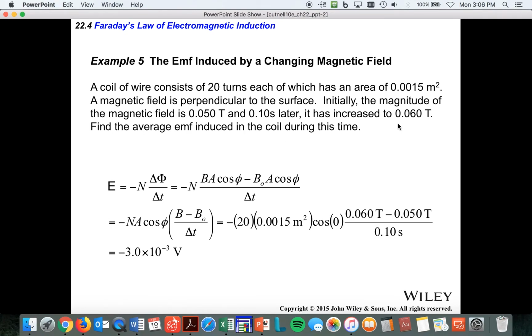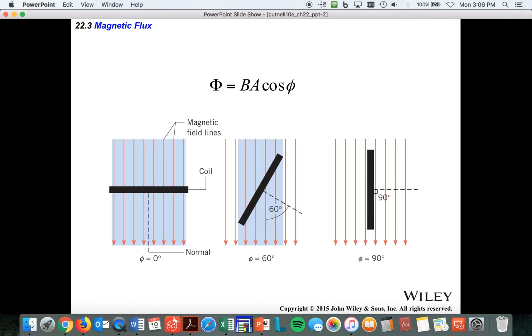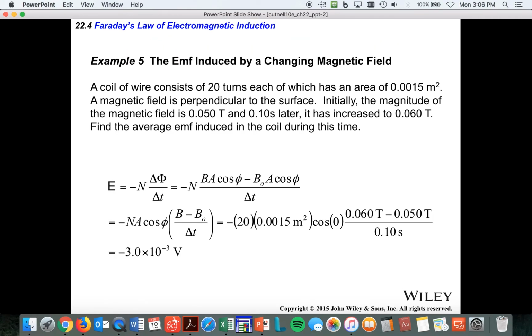Okay, so a coil consists of 20 turns. Each turn has an area of 0.05 meters squared. A magnetic field is perpendicular to the surface. That means it's perpendicular to the surface, so that looks like this. Initially, the magnitude of the magnetic field is 0.05 teslas, and 0.1 seconds later, it's increased. So somebody increases the magnetic field going through there.